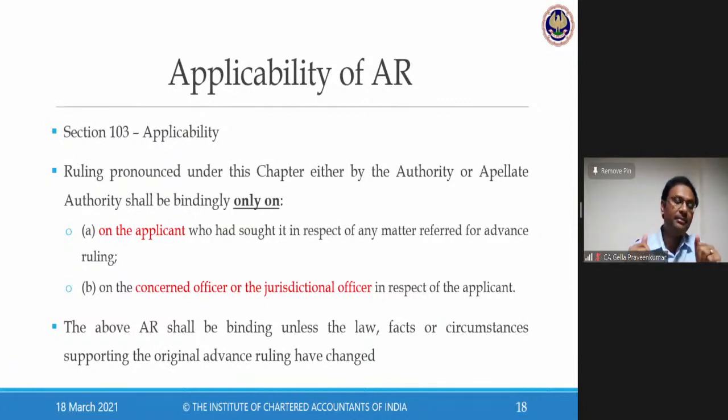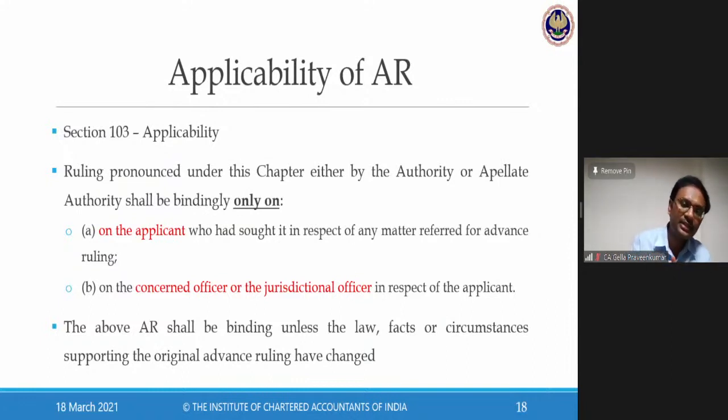Then you have to answer them back saying, my lord, look, section 103 says you do not have any jurisdiction on that. So it is not binding on you or on me as an SSC. This is only binding on that person who has filed an application, and only that jurisdictional officer, no one else. That is what we need to make clear.